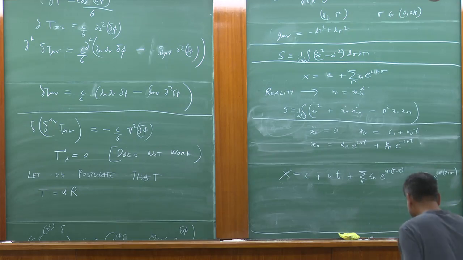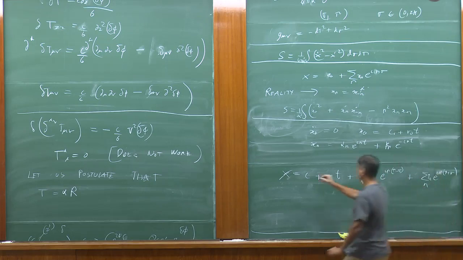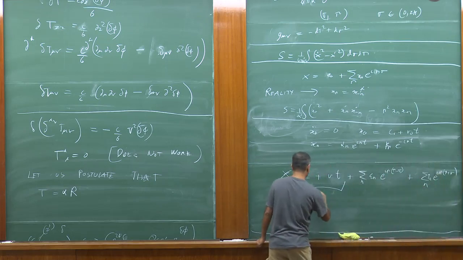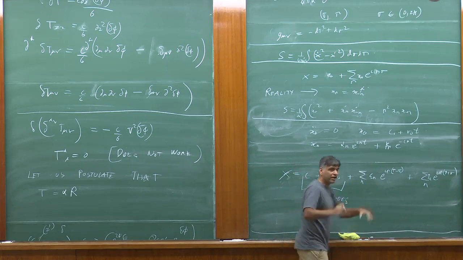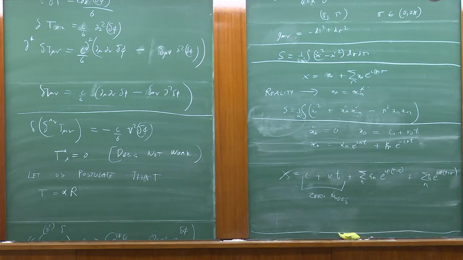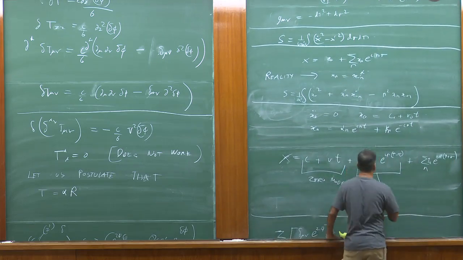Now we will give these names. We will call these modes zero modes, because they originated in the modes that had no momentum dependence. We will call the first kind of solutions right moving solutions.